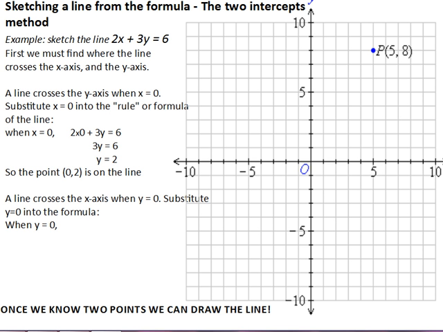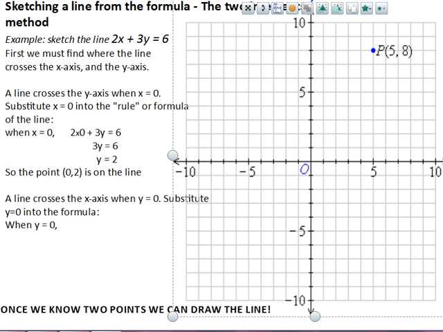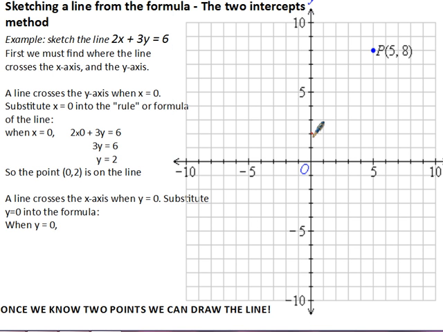Okay, so when we're trying to sketch a line using the two intercepts method, the first thing we have to do is find out where the line crosses the x-axis and where the line crosses the y-axis. So if I have a look at the y-axis here, I can notice something. If I draw any point on the y-axis and give its values, I'll notice something about the x-coordinates.